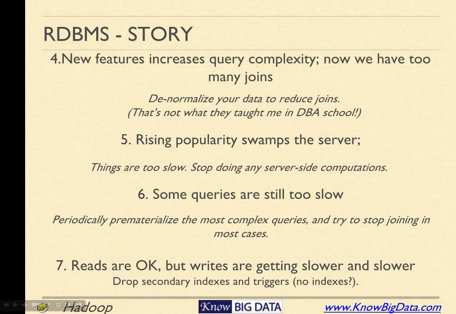So effectively, the features the database was providing, you are no longer using any of these features. So what's the point of the database? The database is just behaving like big rows and columns. That's all.